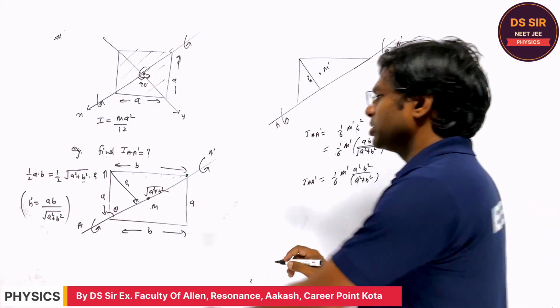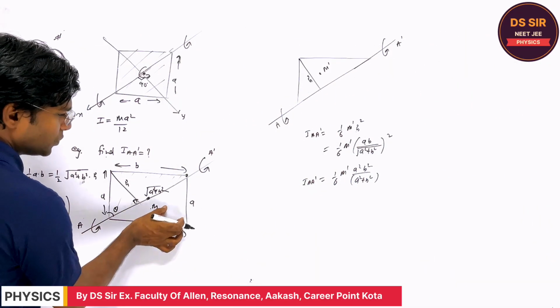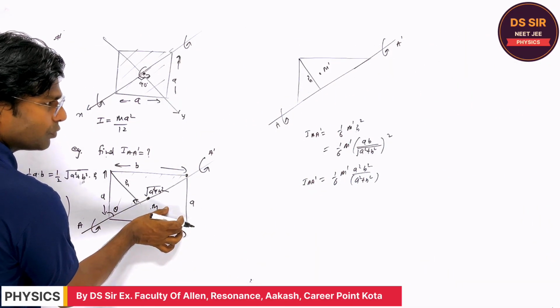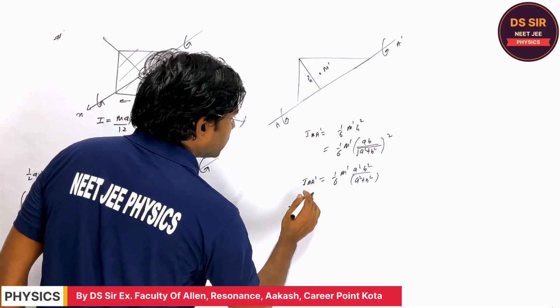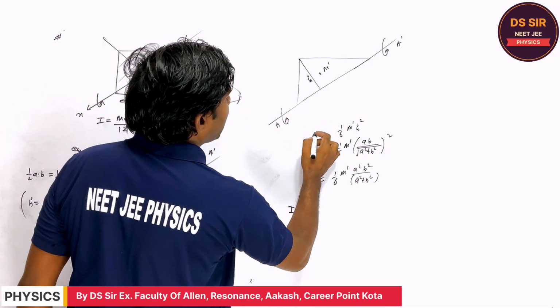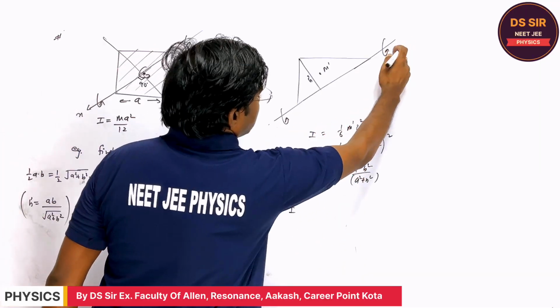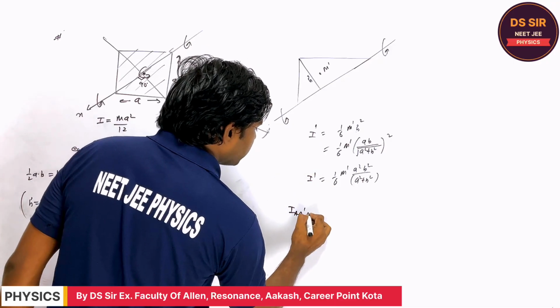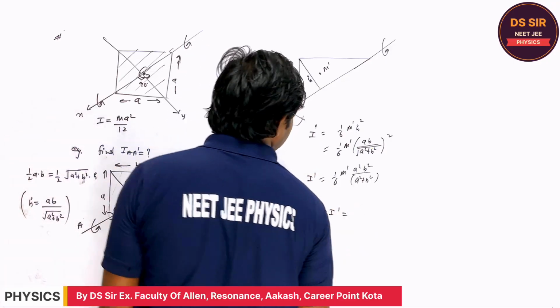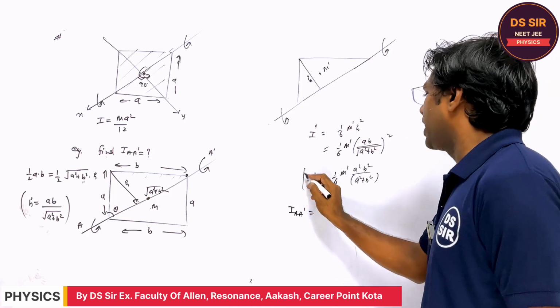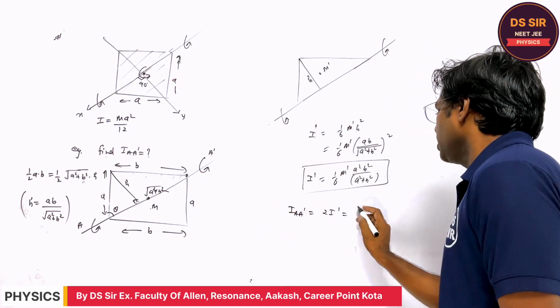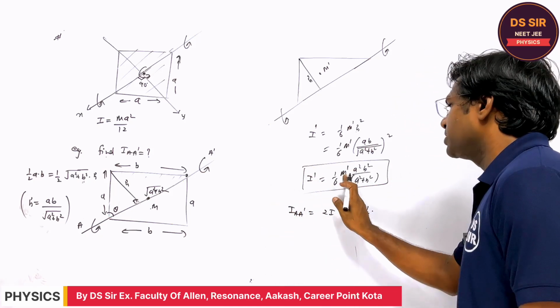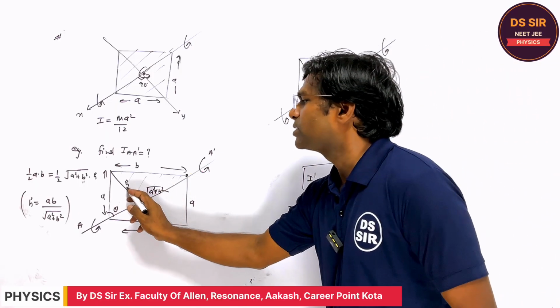Yes. And the same moment of inertia of this second portion also. So what is the I I'm writing, this is the I dash only, right? So IA dash will be equal to 2I dash. This is the I dash of the one rectangle lamina, 2 into 1 by 6. This is the m dash. What is the m dash?